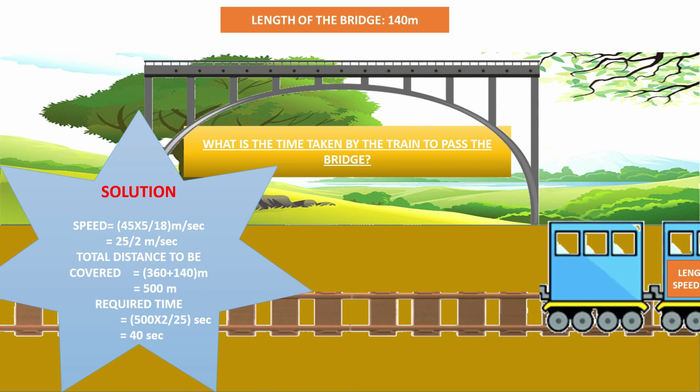Already we found the speed in meter per second. So the total distance is 500 meter into 2 by 25, because 500 is divided by 25 by 2, and the reciprocal form is 2 by 25. So by cancelling the entire thing, we will be getting 40 seconds. So the answer is 40 seconds.